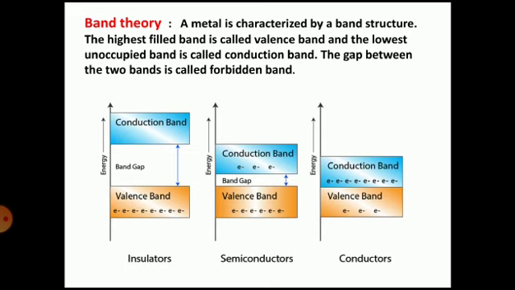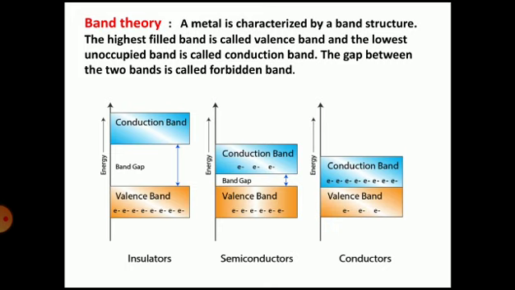So, in order to understand the conductivity of conductor, semiconductor and insulator, we have to understand the band theory. A particular band theory will tell you the exact meaning of conductivity in conductors, semiconductors and insulators.